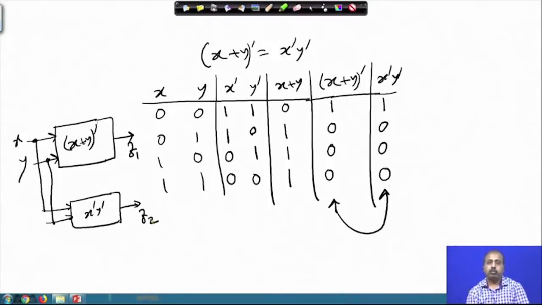This way, by using a truth table, you can verify many Boolean formulas and establish equivalence between Boolean expressions.